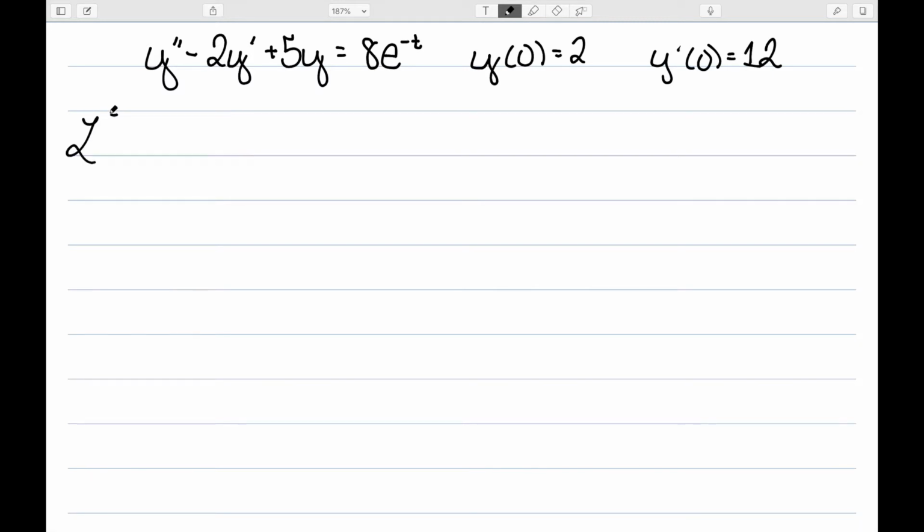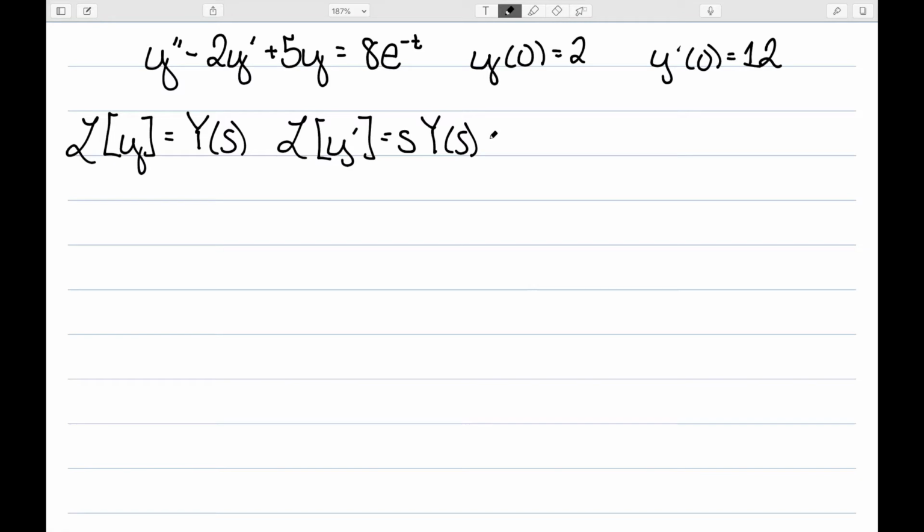I'm going to start by assuming the transform of y is capital Y of s. This tells me that the transform of y prime is s times capital Y of s minus y of 0.